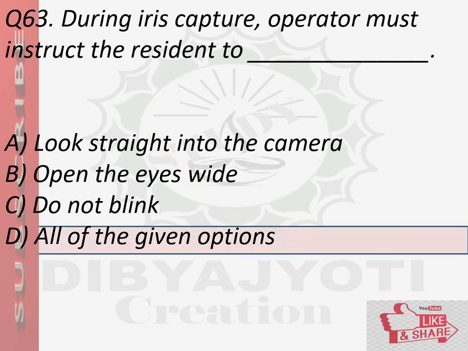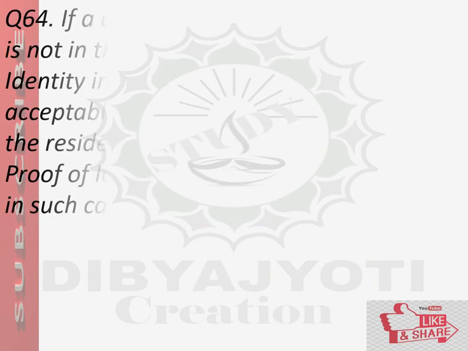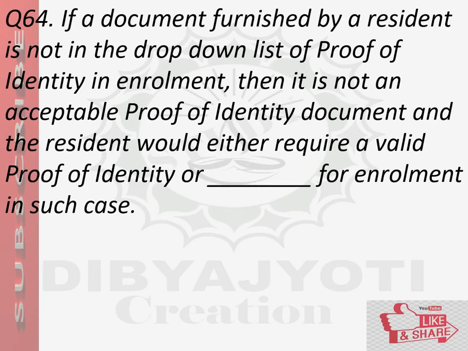And next, if a document furnished by a resident is not in the drop down list of the proof of identity in enrollment, then it is not an acceptable proof of identity document, and the resident would either require a valid proof of identity or dash for enrollment in such case.